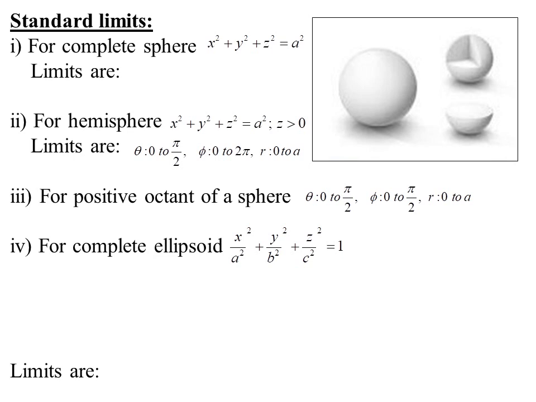Phi will be 0 to pi by 2, because from the hemisphere we are cutting 3 parts, and for the remaining 1 part we are finding out the phi. So phi will vary from 0 to pi by 2, and r will vary from 0 to a. So for the sphere, hemisphere and positive octant we have determined the limits.